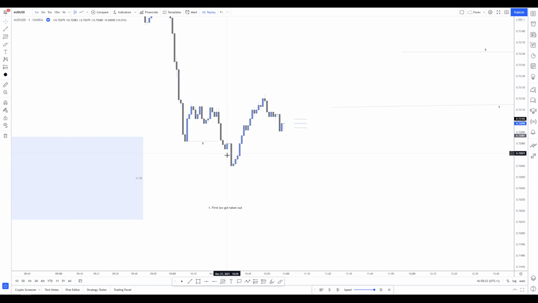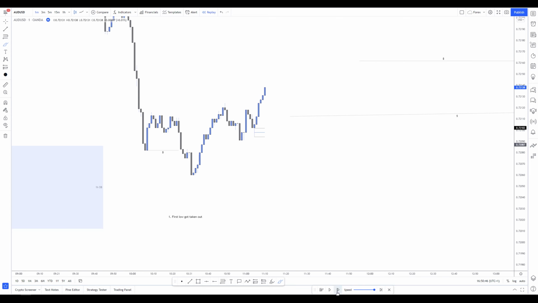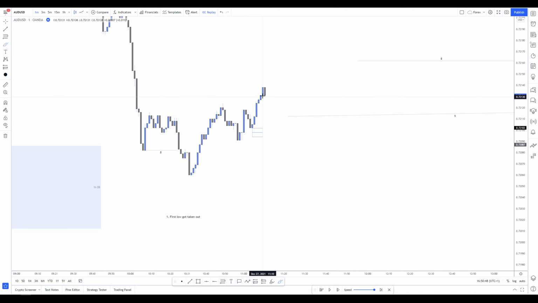So then price took this low and came back above and made a break of the structure point, but this wasn't really the move I was looking for, because the move wasn't strong. There is no real momentum in this, but as you can see here, this move has a lot more momentum in it and a lot more imbalance.